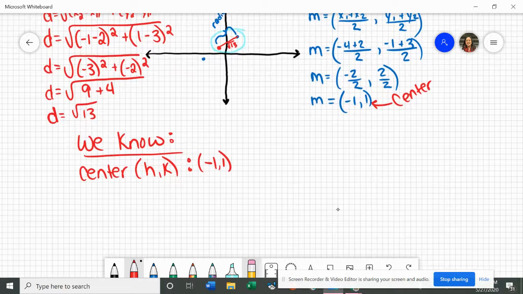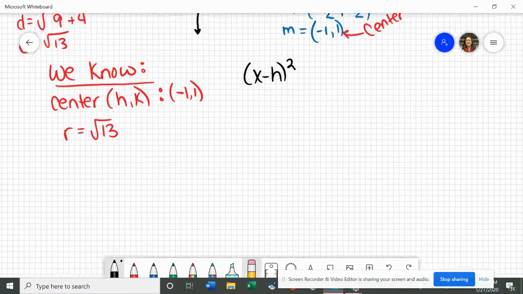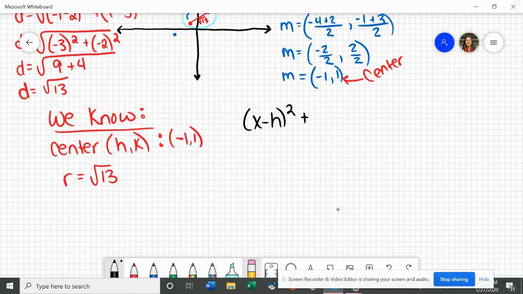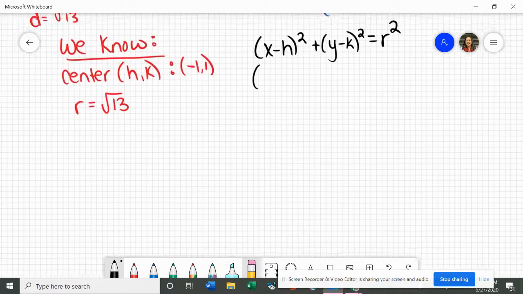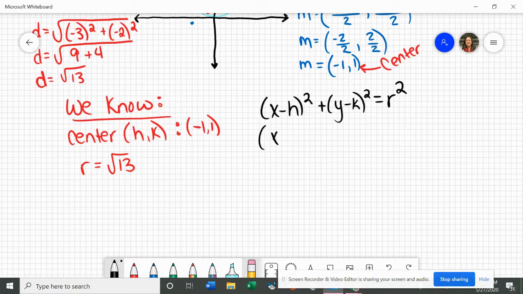And then we know that my radius, which is the distance from the center to the circle itself, is the square root of 13. Now, the equation of a circle is x minus h all squared plus y minus k all squared is equal to r squared. So let's plug in what we have.